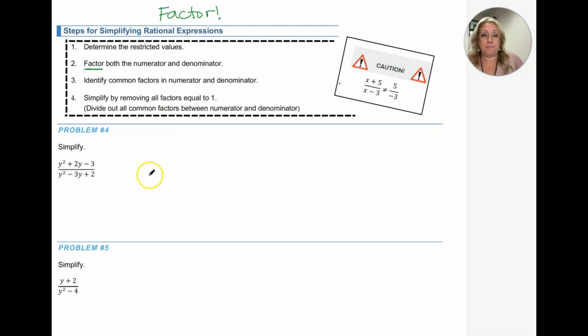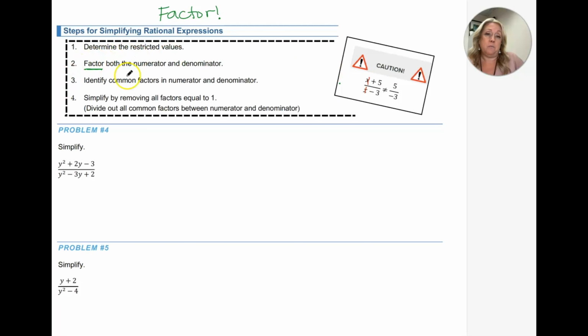Now, in this caution box, this is a common mistake when you're simplifying rational expressions. Notice here we have x plus 5 over x minus 3. Well, one thing that happens is a lot of students think, oh, I can just divide those x's out, and those will become 1s. You can't do that because it's connected by addition and subtraction.